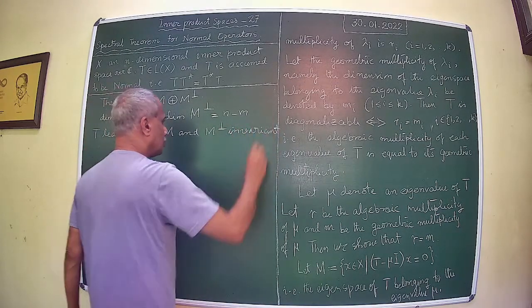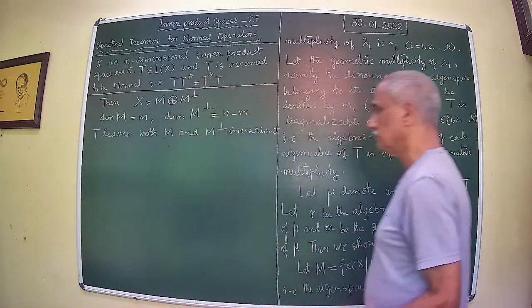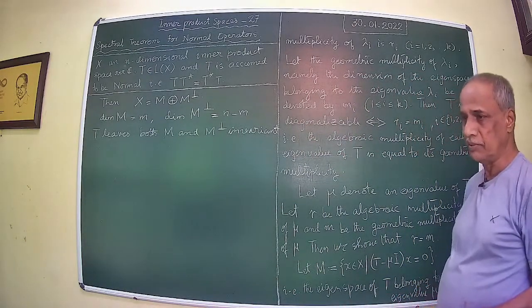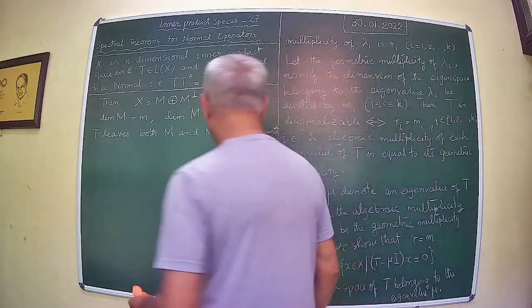This is the crucial result that we use, which is an offshoot of T being normal in our proof.